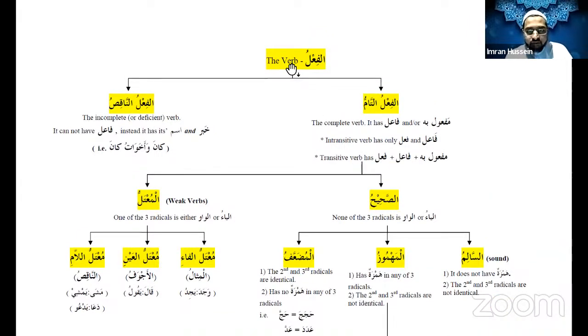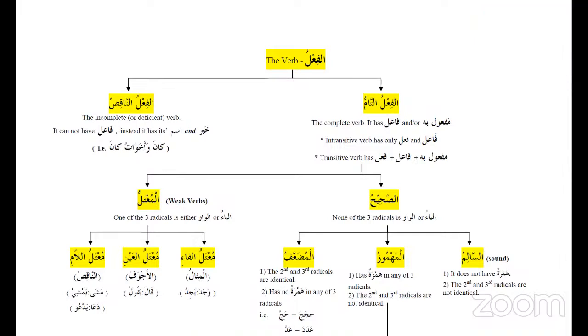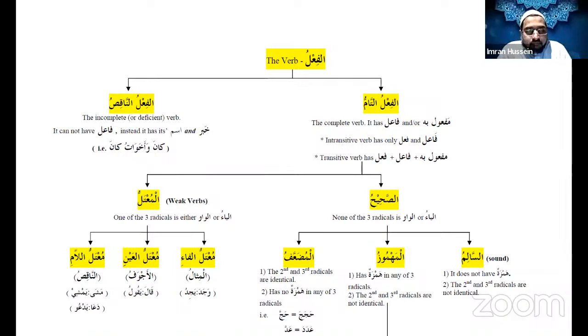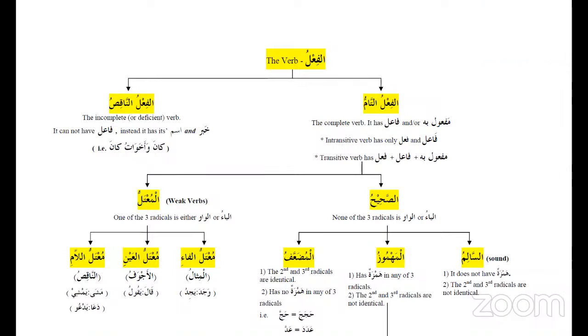In Arabic, of course, there are 2 types of verbs: an incomplete verb and a complete verb. The incomplete verb is the one like kana, fi'lun naqis. It's called fi'lun naqis because what does kana do, by the way? Kana makes the mubtada marfu, and the khabar mansoob.